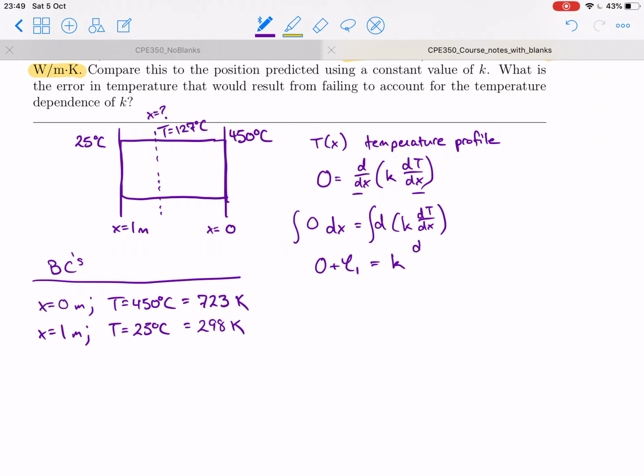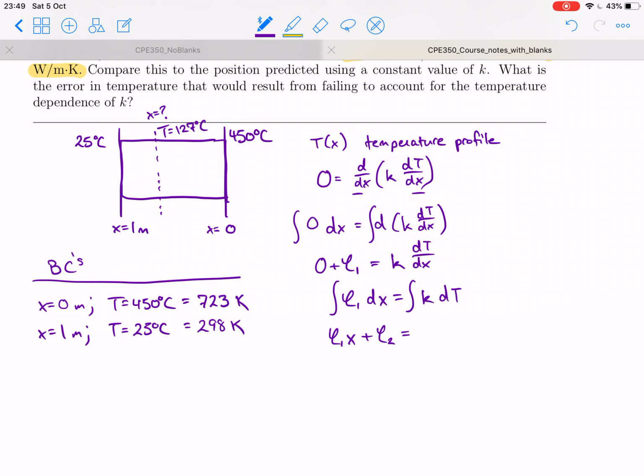And the right-hand side just returns the argument of this derivative. Okay, now we can integrate again. The left-hand side, the integral of C1 is C1x. There's a second constant of integration.